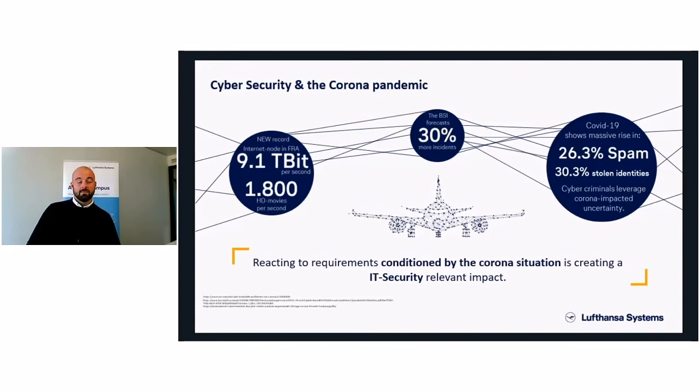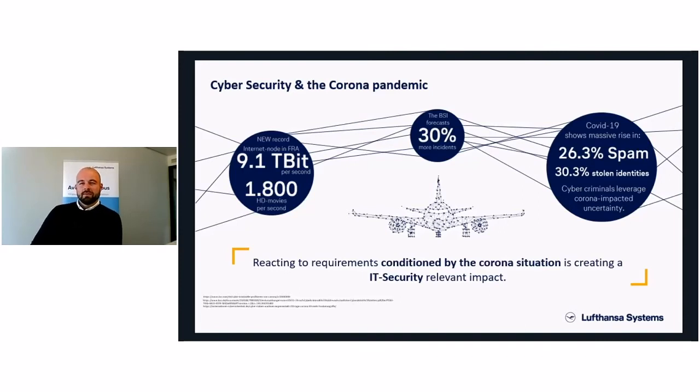There's a massive pressure on the network itself, and we can just imagine how the criminals are going to leverage this new environment, these new circumstances. The Federal Office for Information Security is supporting these figures. They are forecasting 30% more incidents. This is a clear indication that the digitalization measures are necessary for the lockdown.